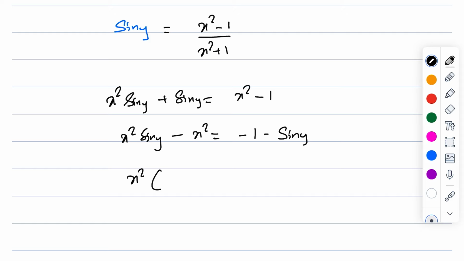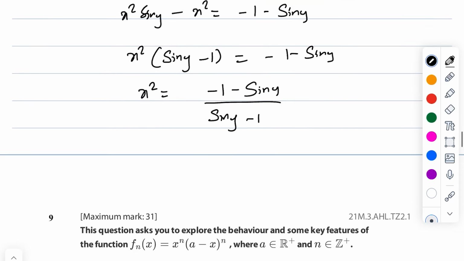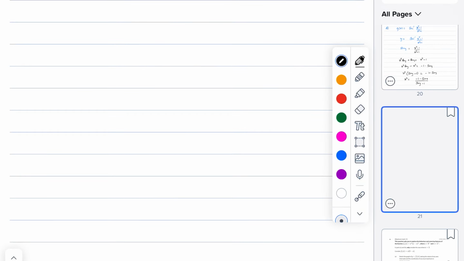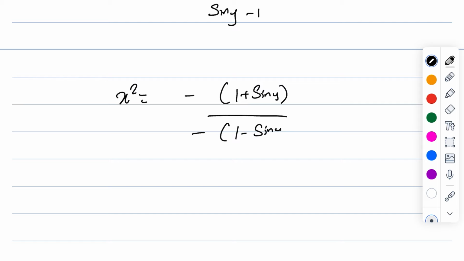So x square common: x square times (sine y minus 1) equals minus 1 minus sine y. So x square equals (minus 1 minus sine y) divided by (sine y minus 1). So we can take off the minus common and cancel it out. So x square equals negative of (1 plus sine y) divided by, take minus common, (1 minus sine y).